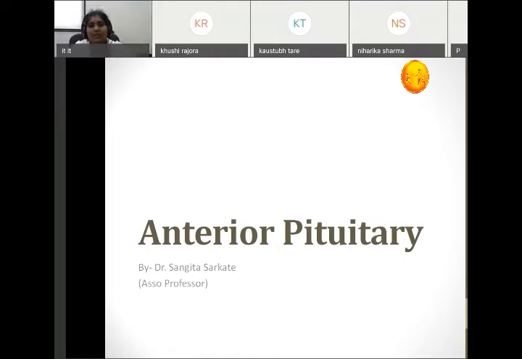Now again, the classification of the pituitary cells is on the basis of the hormone content. Write down, there are 5 cells. Number 1, somatotrophs, which secrete growth hormone. Lactotrophs, which secrete prolactin.